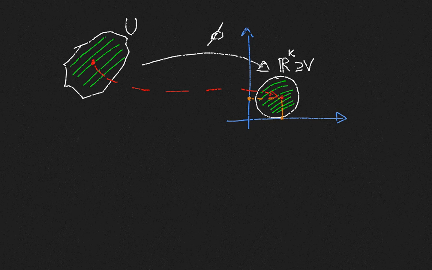So if this is P inside M, this is phi 1 of P, and this is phi 2 of P.